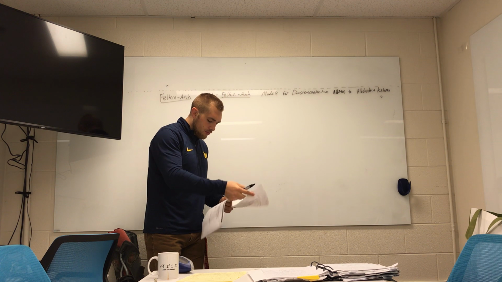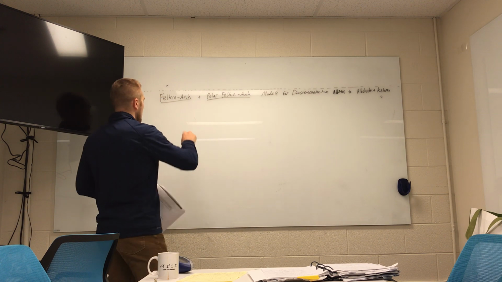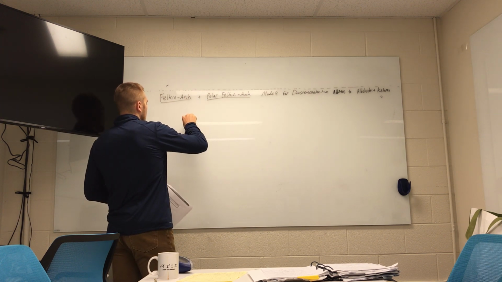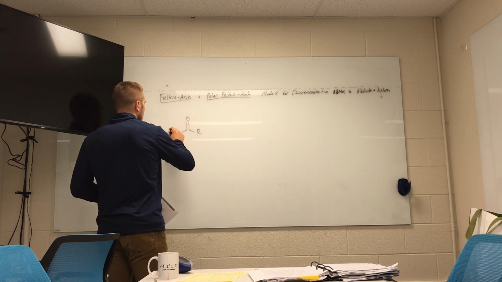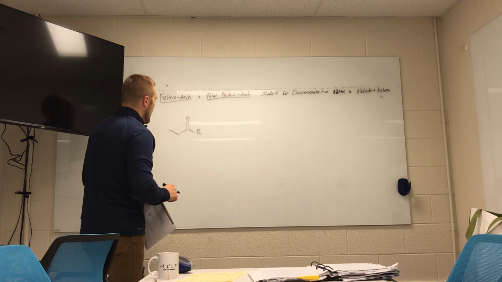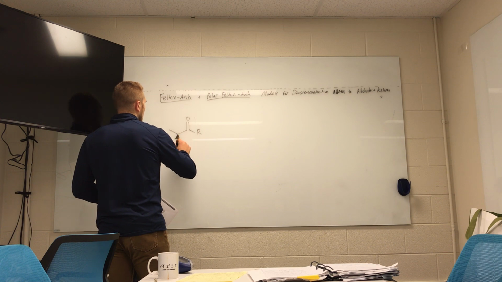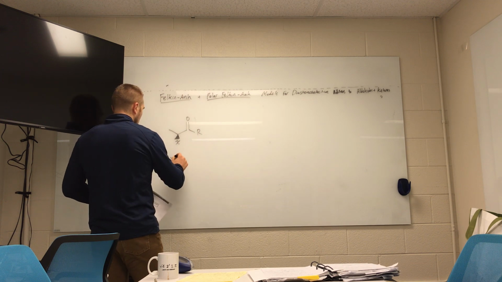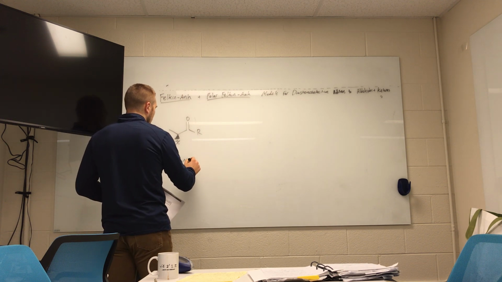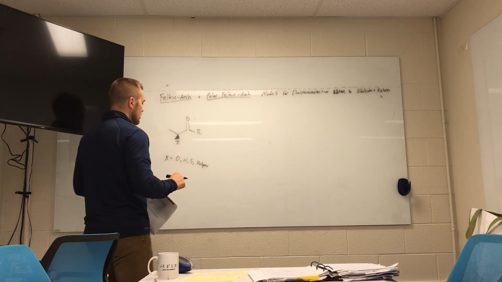Okay, so if we're given a ketone or an aldehyde, a chiral ketone or aldehyde, in which we have an X. X is going to be something like, typically O, N, S, halogens.